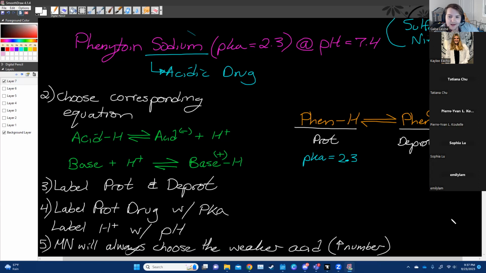So, in terms of our drug, which one is going to be chosen? Well, Mother Nature will always choose the weaker acid, which in this case is 7.4. So at a pH of 7.4, phenytoin is going to be deprotonated.